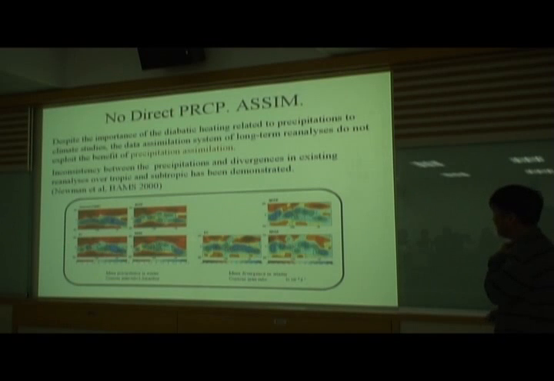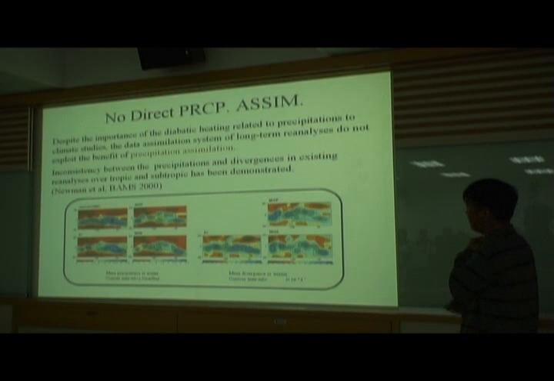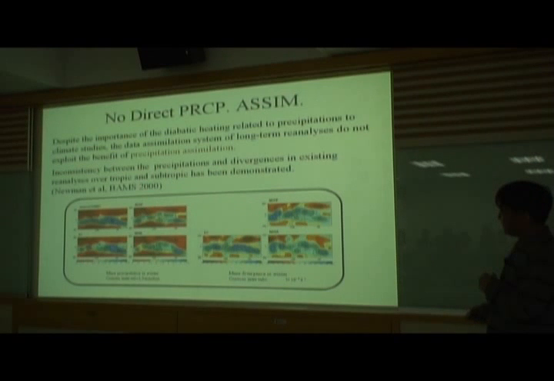The divergence and precipitation were matched within the reanalysis. We refer to this phenomenon, matching between the precipitation and divergence field, as internal consistency. So each reanalysis has internal consistency, but each reanalysis has a kind of external inconsistency. They have very different precipitation.